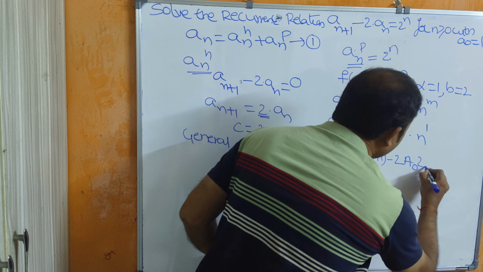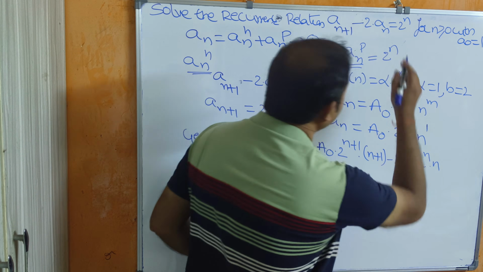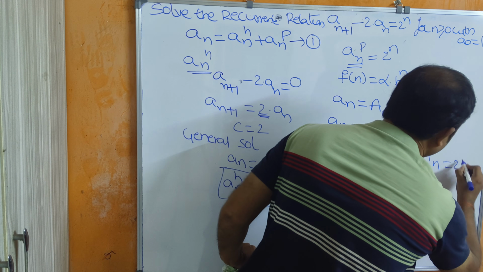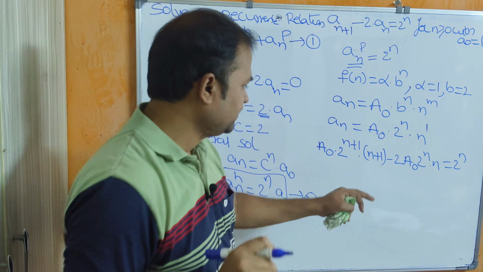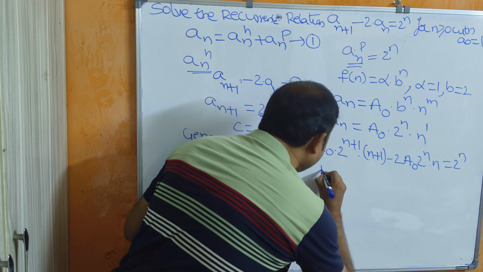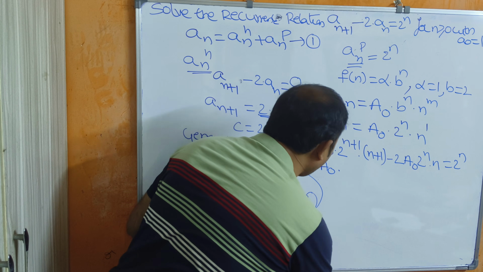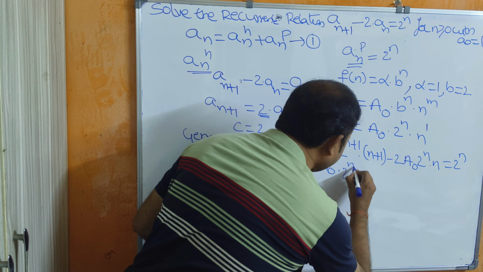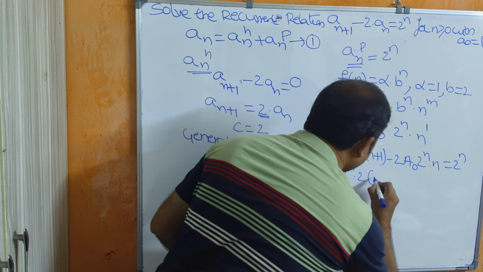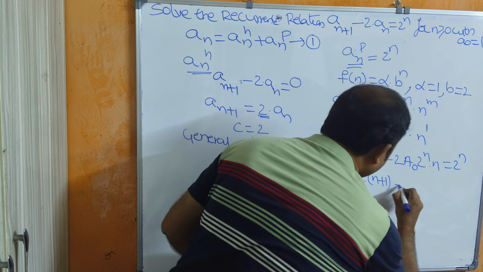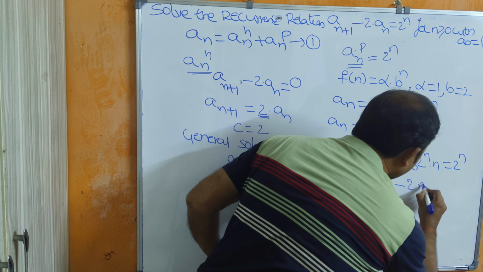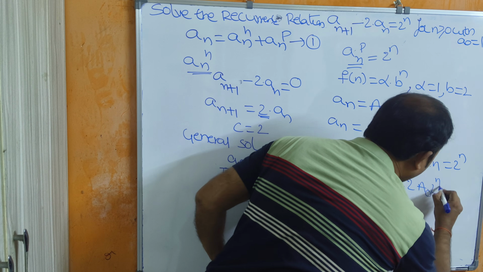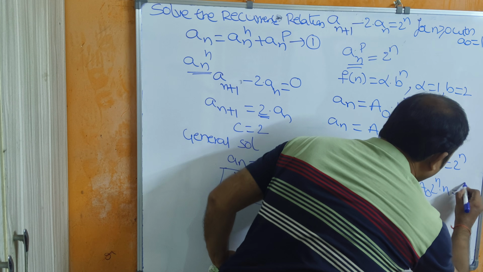A naught into 2 power n into n is equal to 2 power n. Here we can write this as a naught into 2 power n into 2, a power m plus n equals a power m into a power n, into n plus 1 minus 2 into a naught into 2 power n into n equal to 2 power n.